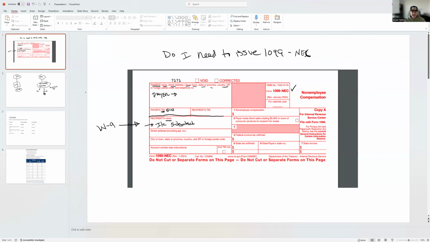And then city, state, zip, and then right here is going to be the amount. And so if we paid someone $14,600, then we need to make sure we put that on the 1099 because it's greater than $600. So anyone that we pay greater than $600, we need to make sure we're filling out this form.